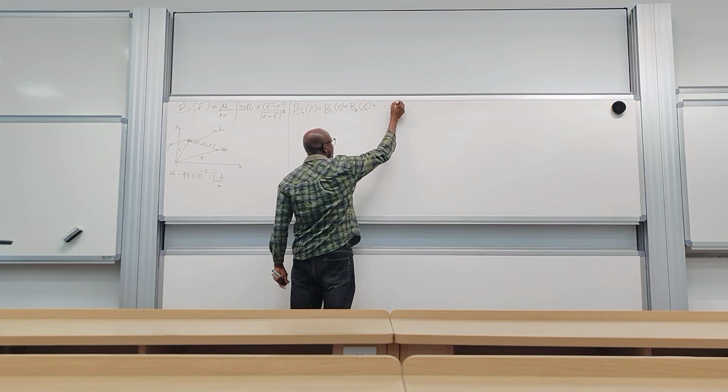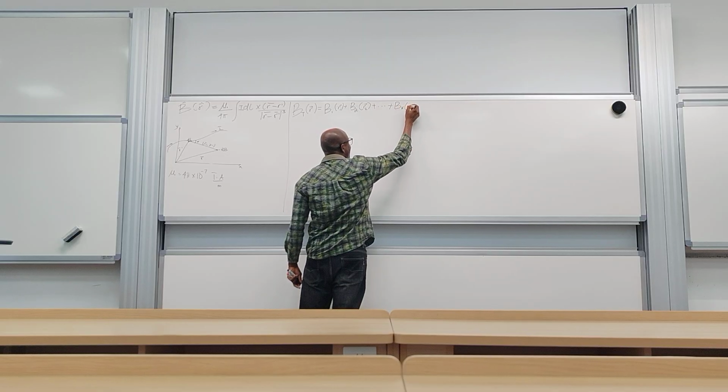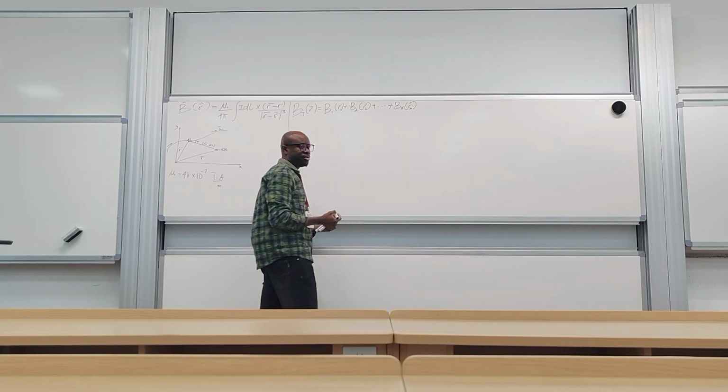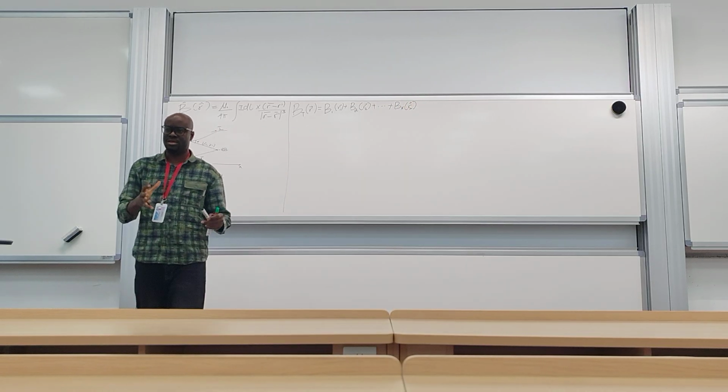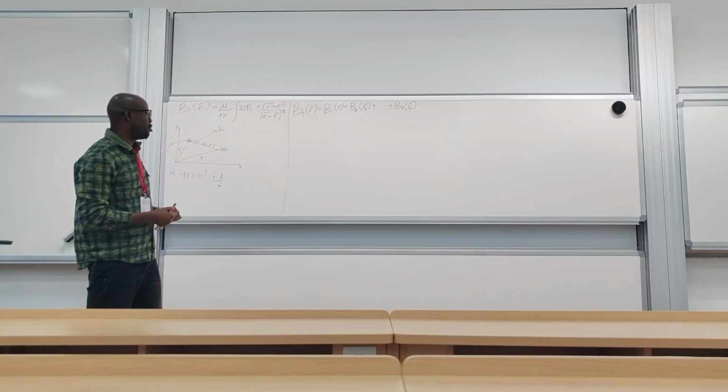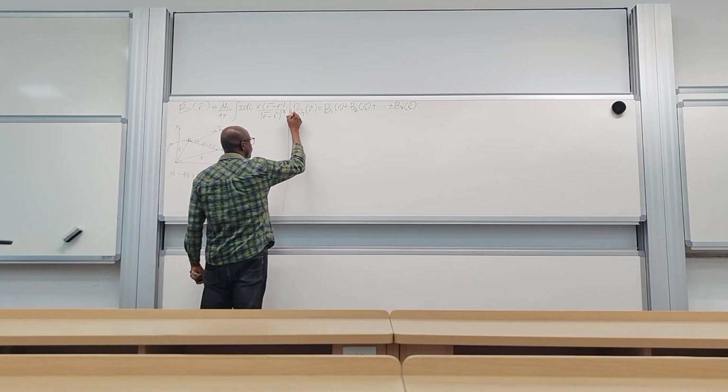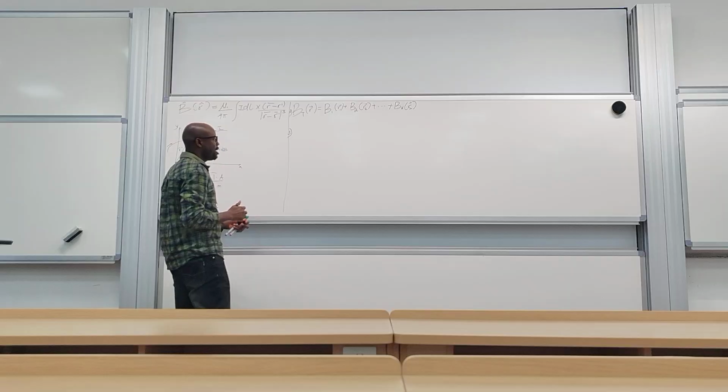So if I know all the fields, I can add them together and I will get the total magnetic field. This is the superposition of fields of known bodies. And the third is to use the Ampere law.